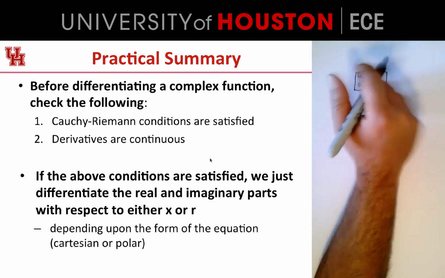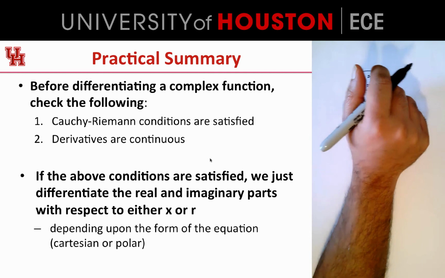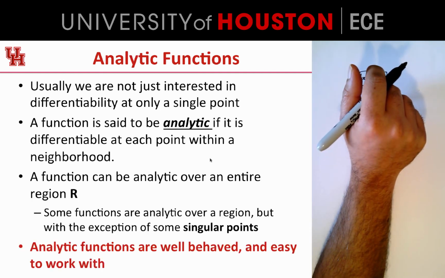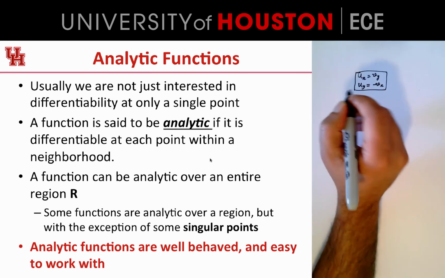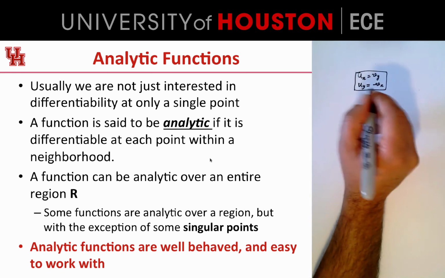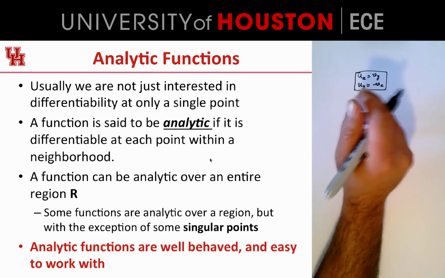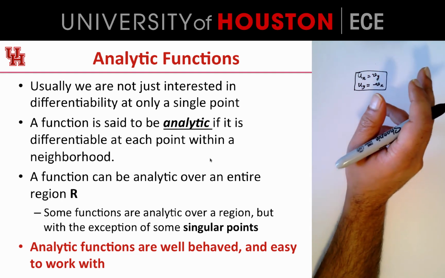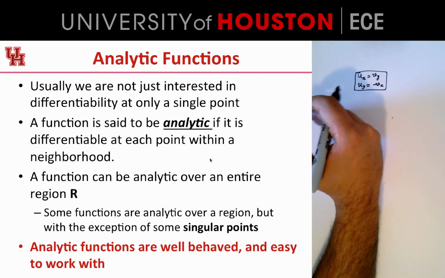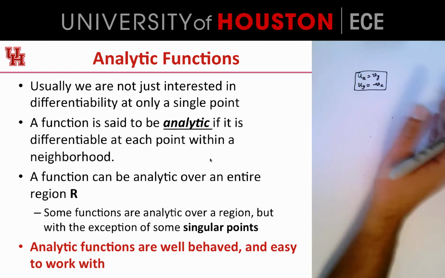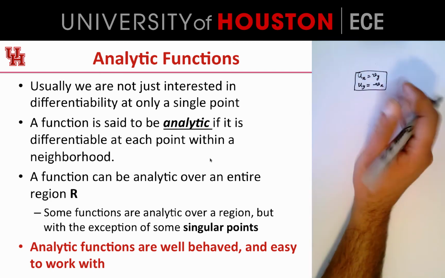And this is true also for the polar case, right? Cartesian or polar, it's all the same. Now, we are interested in functions that are well behaved, right? In other words, they're not just differentiable at one point, but they're differentiable in the vicinity of that point. So there are no surprises around a point.